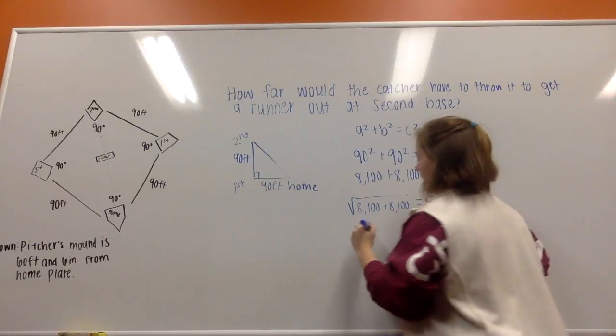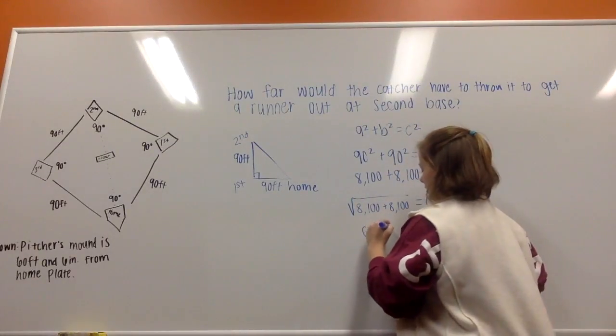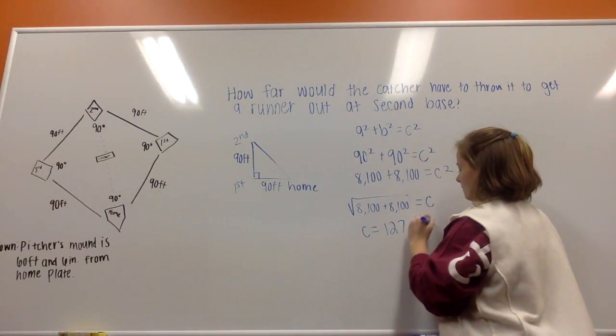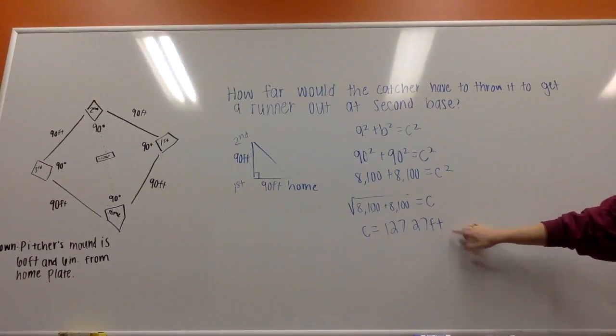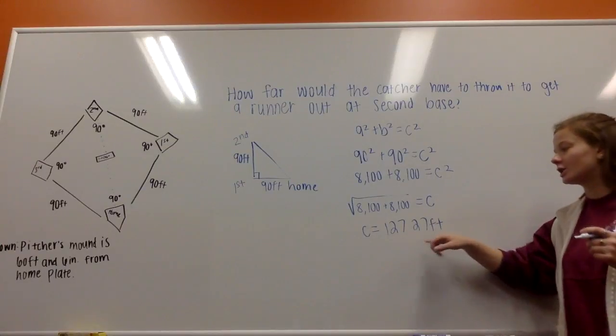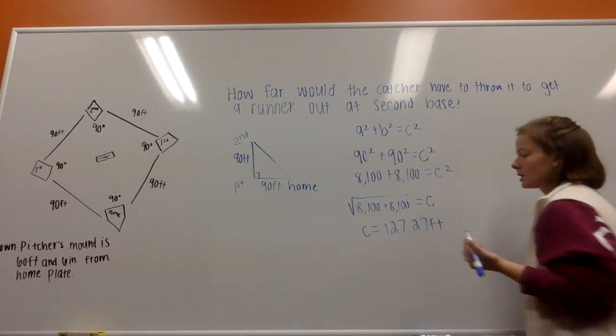And c will come out to equal around 127.27 feet. And this is what we get. So you can leave it like this, or you can change it, because what is 0.27 of a foot? We can change it to be in inches.